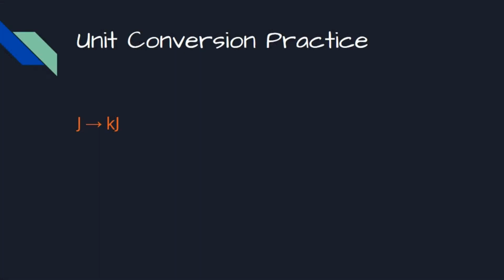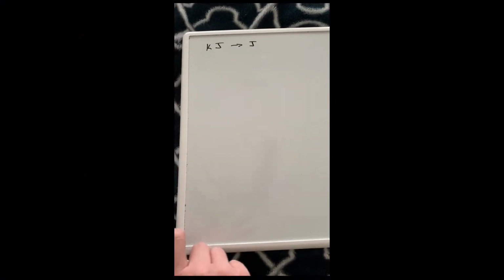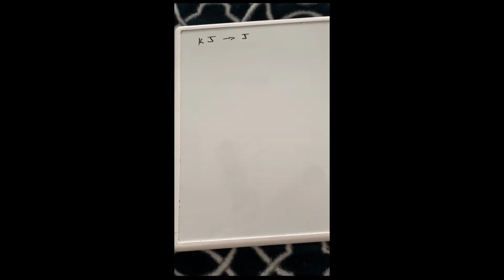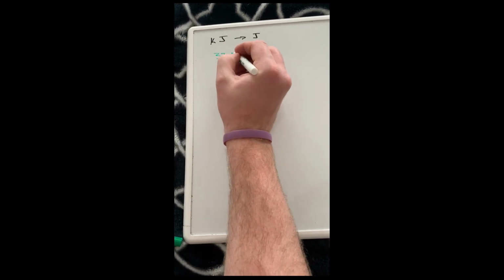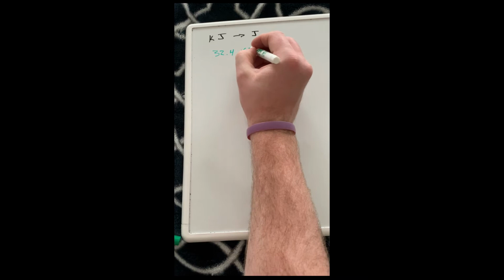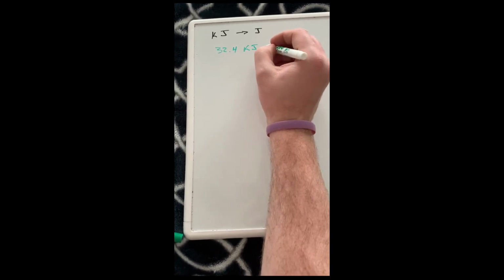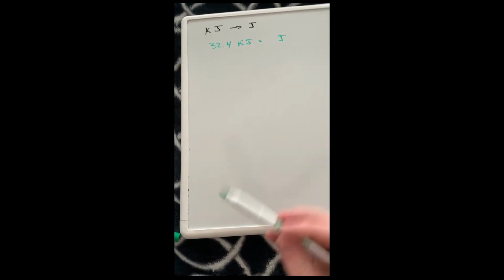All right, now we're going to go ahead and practice the conversion from kilojoules to joules. We're going to do the opposite process. In this example, let's say I have 32.4 kilojoules, and I want to convert that into joules.